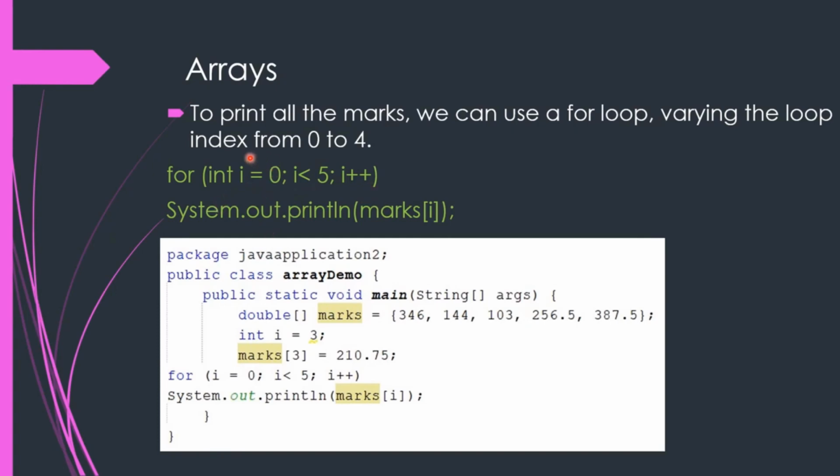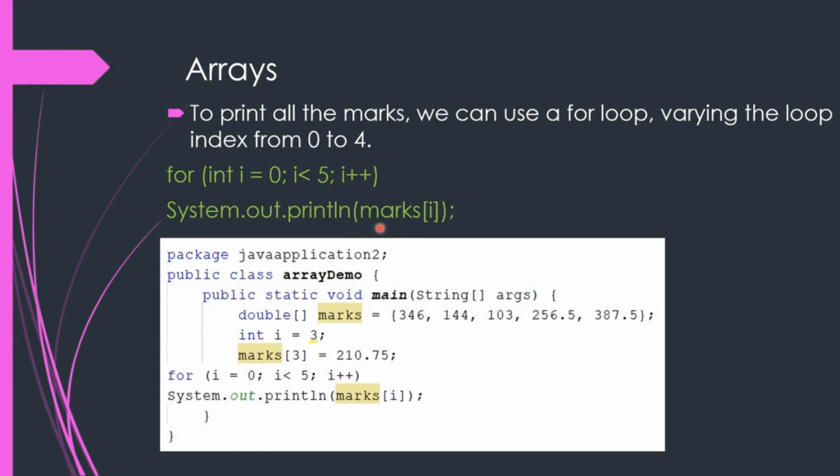This is the initial value, this is the condition, and this is the counter change value. After that we have given the system.out.println statement. Why? Because we want to print the marks, and we know that for printing something we use the command system.out.println or system.out.print, and in the bracket we write what we actually want to print.